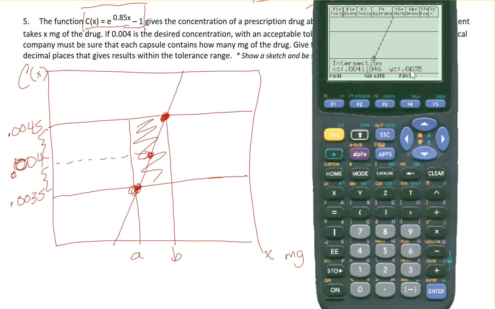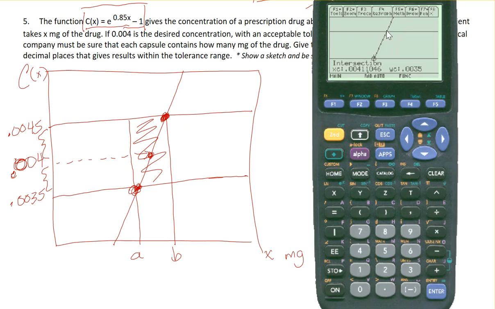And I already knew what the Y coordinate would be, so this is the X coordinate. So that's going to be my value I'm going to write down for A. And I want to make sure I'm bigger than that value. So there you would want to make sure that you round up. So make sure that you are at least 0.0042, for example, or 0.005 if you're rounding to the nearest thousandth.